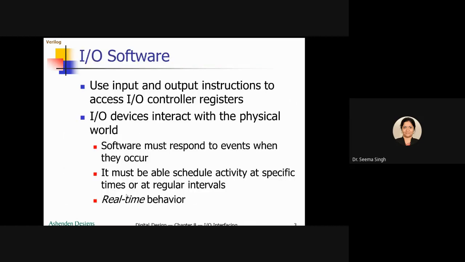Next we will see the IO software. Now you have seen that IO devices interact with the real physical world, and the embedded software needs to be able to respond to events when they occur or to cause events at the right time. So this is real-time behavior, which is the basic difference between embedded software and a program for a general purpose computer. General purpose computer means your desktop or your laptop.